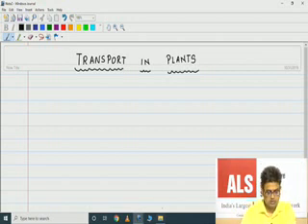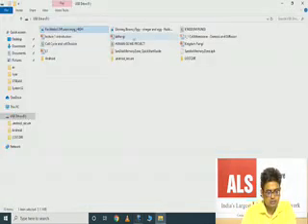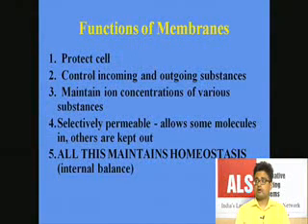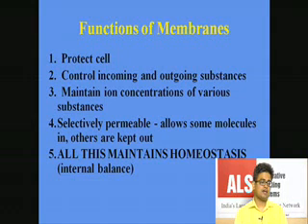I had also sent you a PPT, so let's play it quickly. When we talk about transporting substances, we have to cross a cell membrane. The cell membrane protects the cell and controls the incoming and outgoing substances.